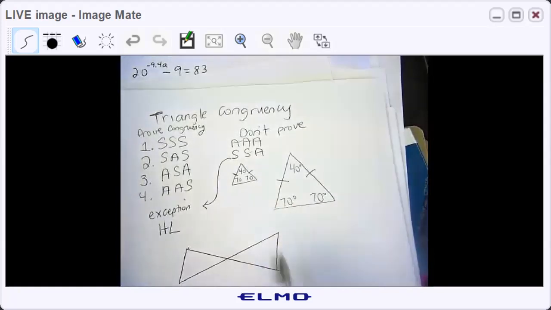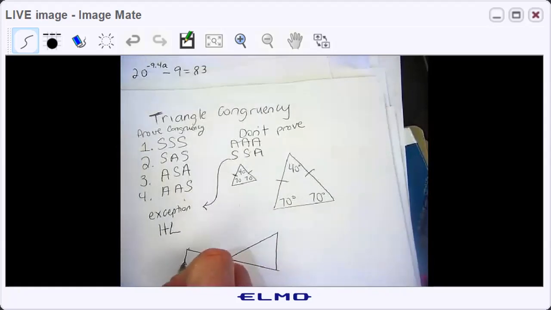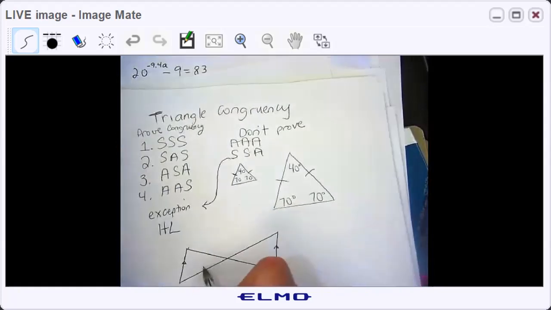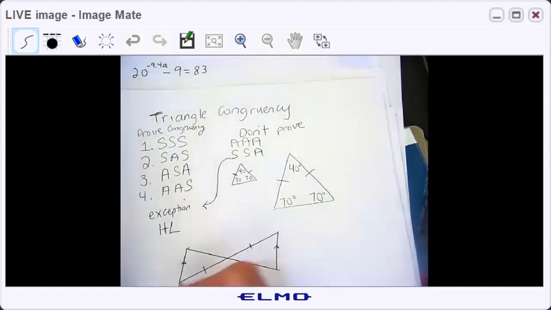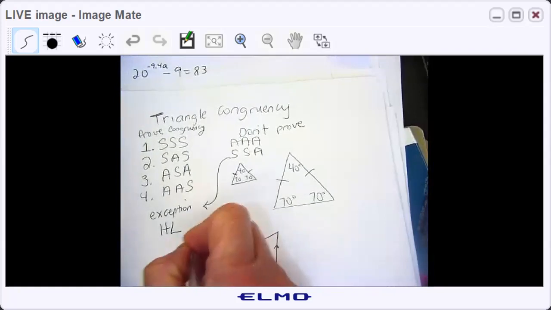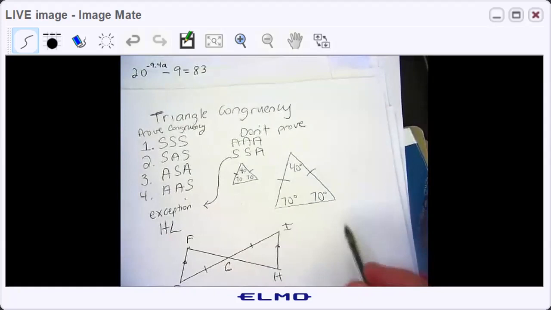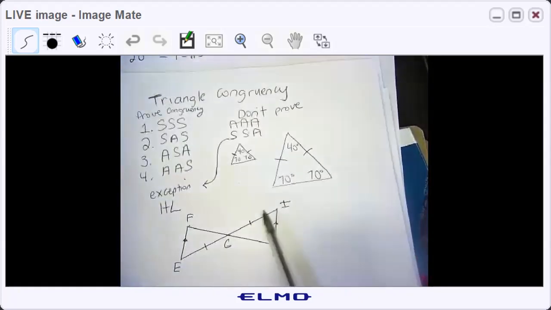In this example, let's just make these parallel lines. So if you think about these being parallel lines, and let's go ahead and mark that this side is congruent to this side. We'll put some letters on this. So the question is going to ask you, is this triangle FEG congruent to this triangle HIG?